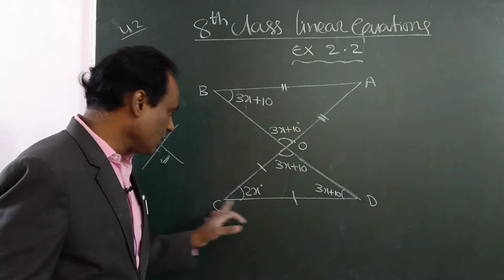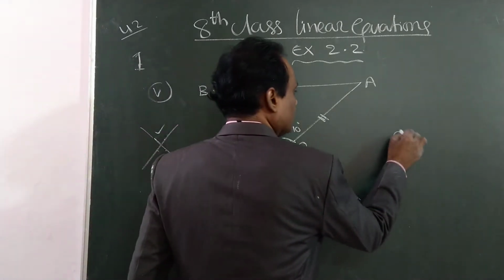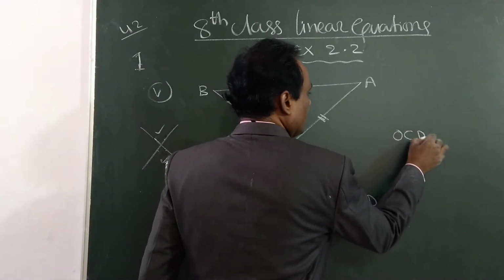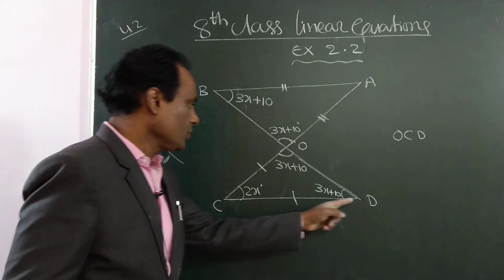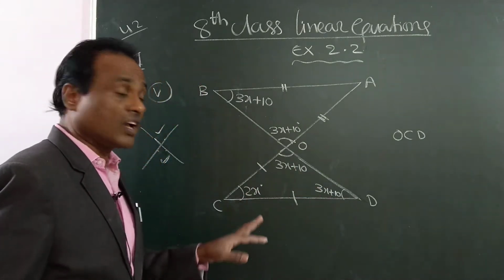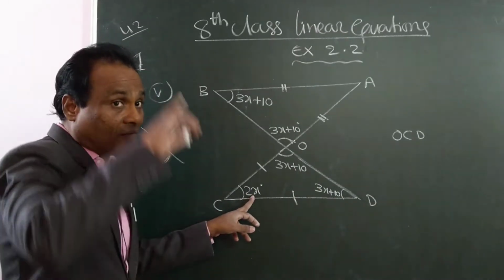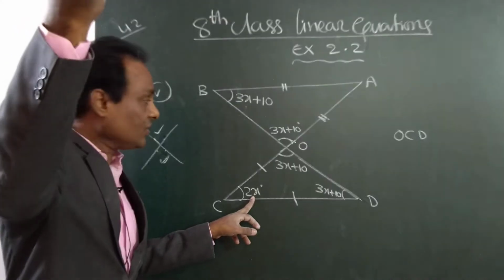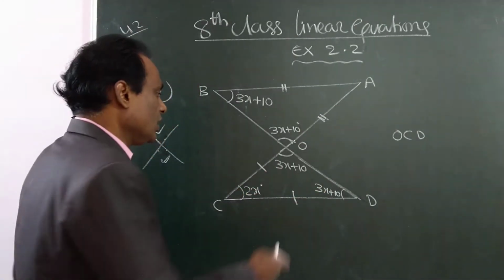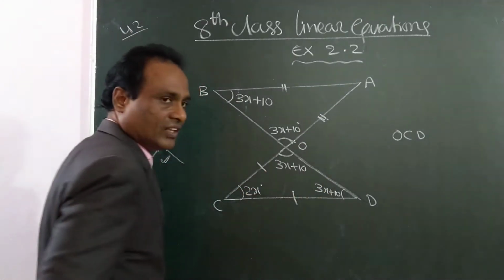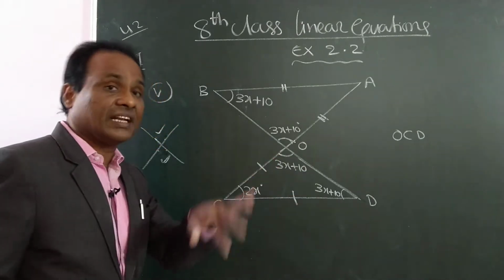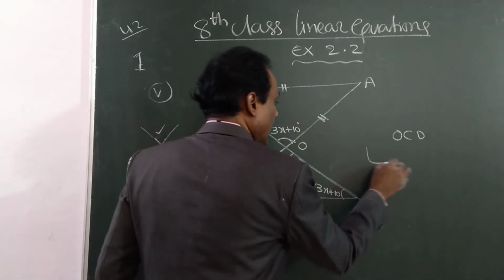So that means in this triangle, don't write anything. In triangle OCD, we know three angles. First only one angle is given, but after using the properties of the triangles, we got these two angles. So now we have three angles in this. Sum of three angles in any triangle is 180 degrees.